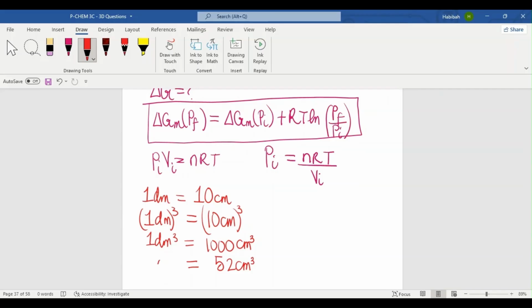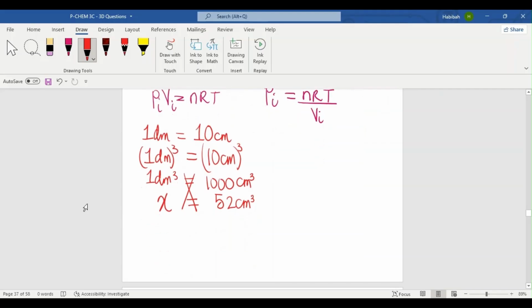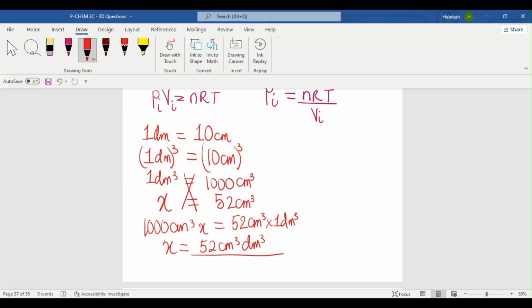So let's just call this unknown x, because of course we're trying to find what this value is. We have 52 centimeter cubed, that's just going to be 1000 centimeter cubed x equals 52 centimeter cubed times 1 decimeter cubed. So x is simply going to be 52 centimeter cubed decimeter cubed divided by 1000 centimeter cubed.